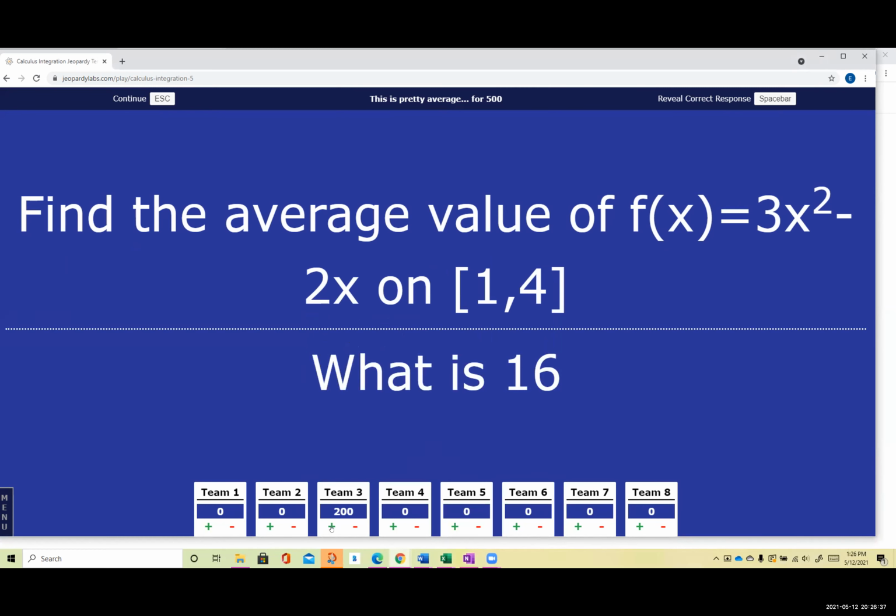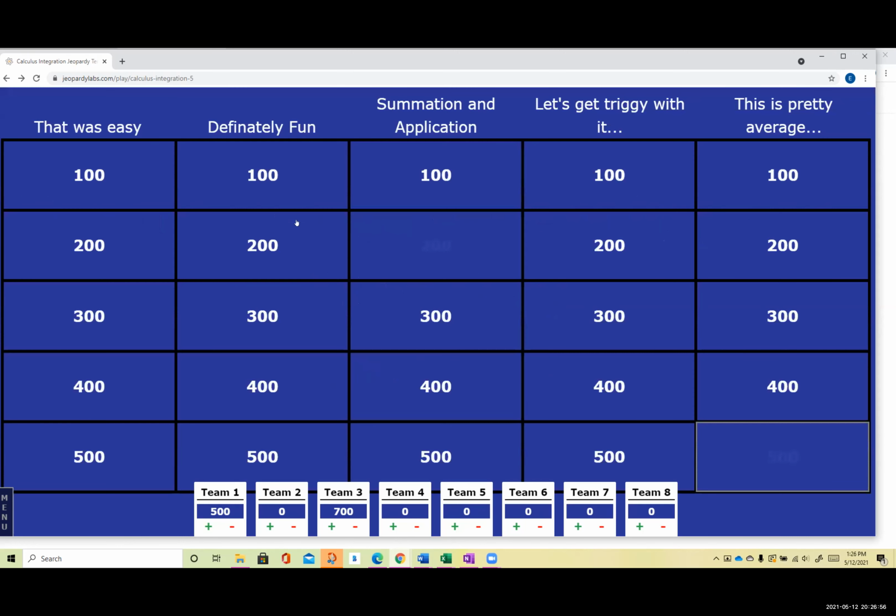And let's try. Team 3 was first. Team 1 was second. Aha, we were able to do that. And then, since you were first, Team 3, go ahead and choose another category.